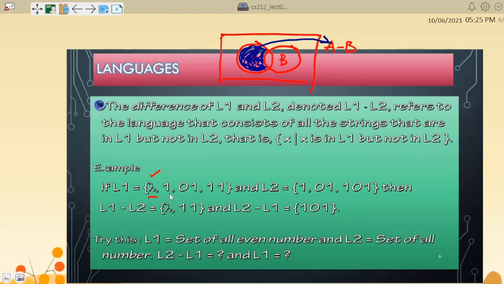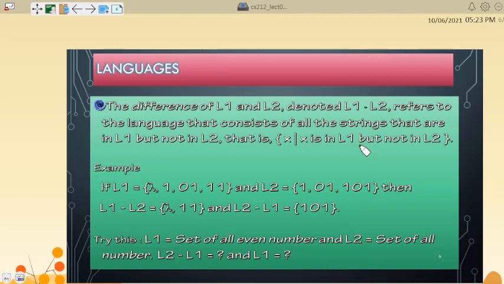It is all the elements in A, but not in B. Here is B; the overlap is also in B, so we don't take it.